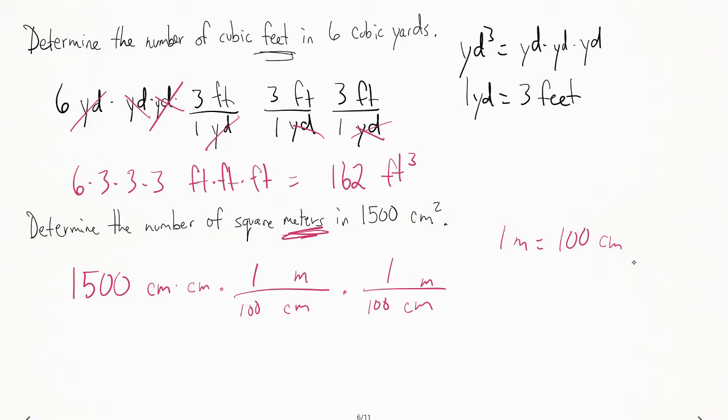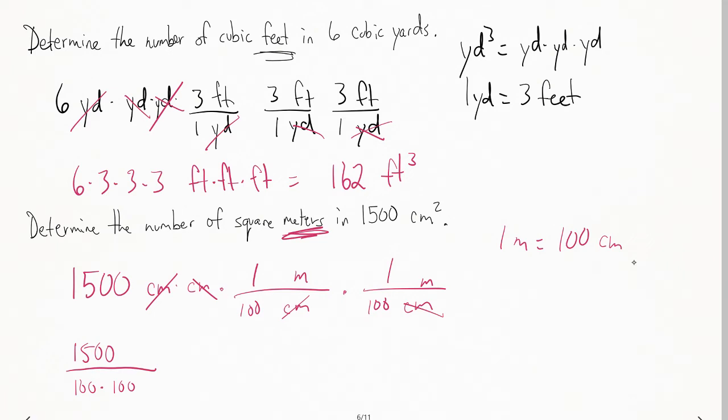Right? And so if you take a look at that, what does this mean? Well, first off, let's look. We have centimeters cancel off with that centimeters, and this centimeters cancels off with that centimeters. So now we have 1,500. Now we're going to divide by 100 times 100 down below.